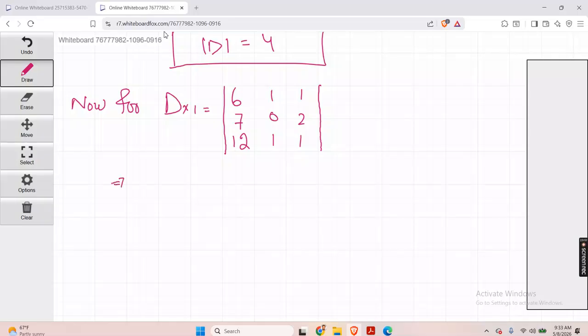Now we'll do it directly, you already know how to do it. First row, first column, so we have 6 here. So we have 0 into 1, this is 0, 2 into 1, minus 2.